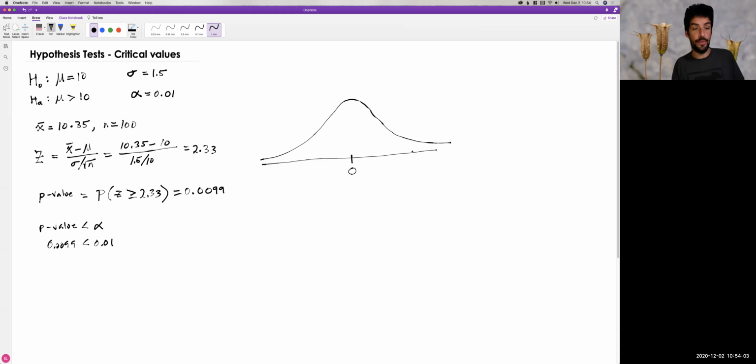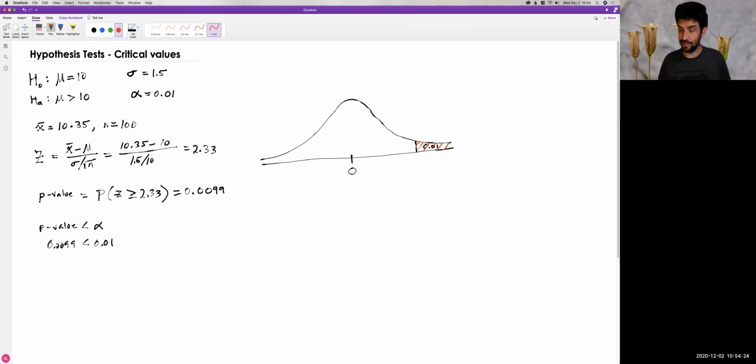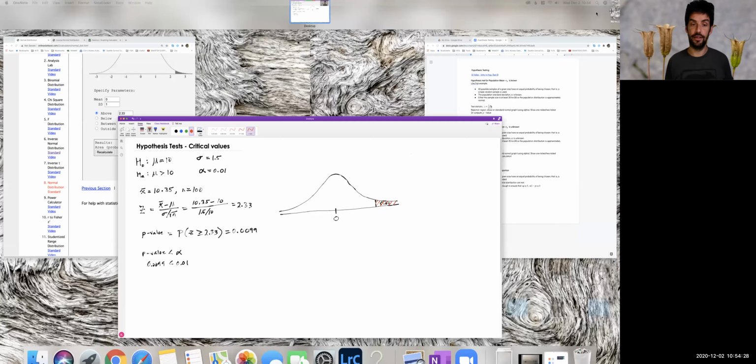So the way we can think about alpha on this picture is alpha is going to be the area in one tail, in this case, the tail going above. So alpha is up here. Alpha is that area. What if we ask ourselves what z-score would give us this area above it?